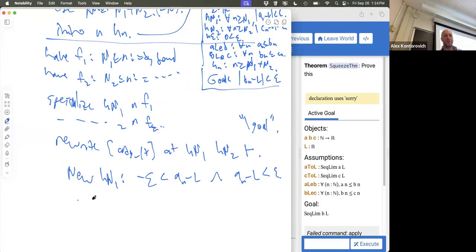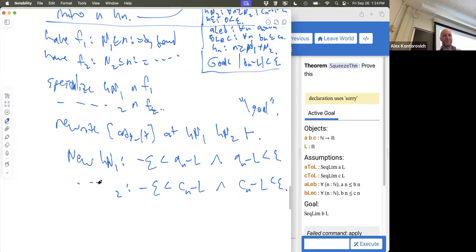The new HN2 says negative epsilon is less than CN minus L, and CN minus L is less than epsilon. And our new goal is that negative epsilon is less than Bn minus L, and Bn minus L is less than epsilon.